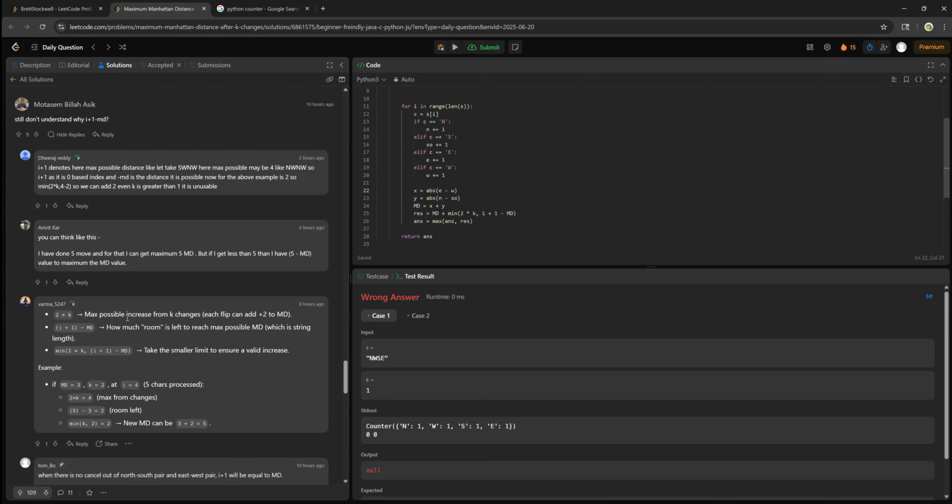Two times k is the max possible increase from k changes. Sure. How much room is left to reach max possible MD?